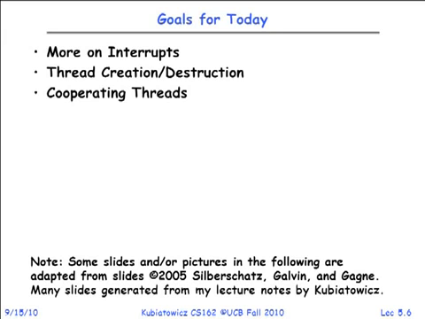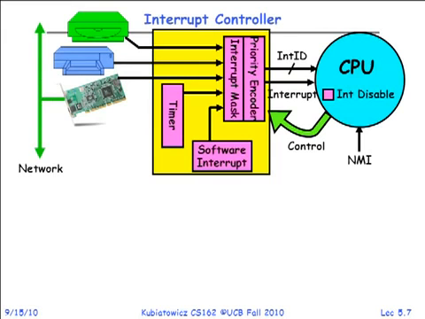So let's talk about interrupts for a moment. So I kind of gave you this abstract notion of interrupts last time, but let me dive into it a little bit more. What is an interrupt? So an interrupt is typically a physical signal coming from some device, like here's a CD-ROM or a printer or a network card, and that interrupt is a wire that goes into the system, and when it's asserted, it says, I need service, and when it's not asserted, it says nothing.